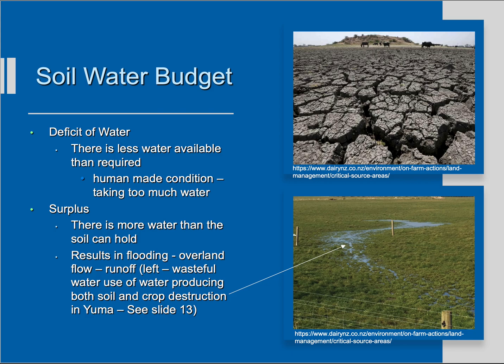When there is a surplus, that means that there is more water available than the soil can hold and the plants can use. This generally results in flooding, and flooding of an area is just as harmful as water deficit environments. Those plants that stand in water can see significant losses.